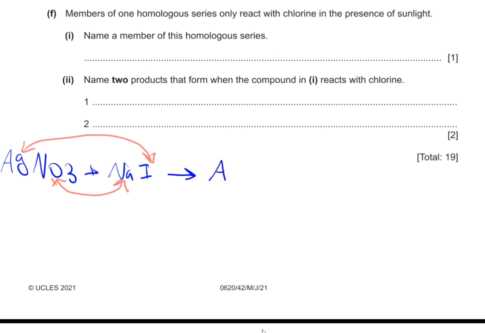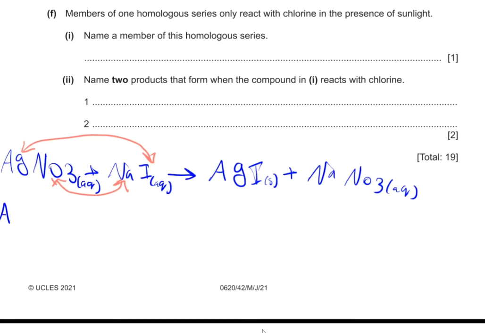Therefore, we end up with silver iodide plus sodium nitrate. Now we're going to add the state symbols of these. So we had an aqueous solution of silver nitrate, an aqueous solution of sodium iodide, then a solid of silver iodide, and an aqueous solution of sodium nitrate.